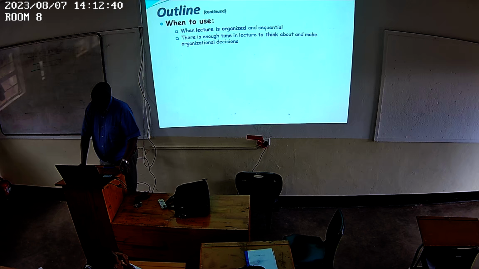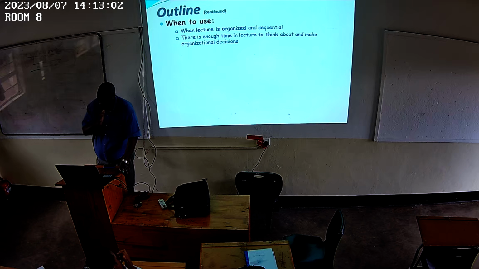But when the lecturers just come in and talk, then the Cornell method is better. Why is that so? Because there is enough time in the lecture to think about and make organizational decisions on how to organize your materials.